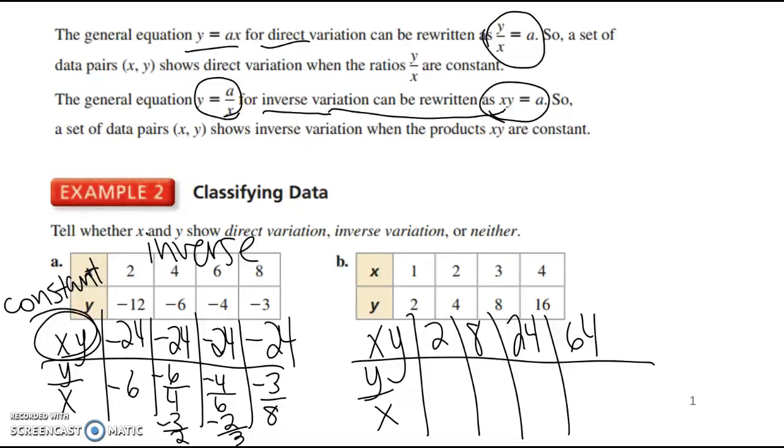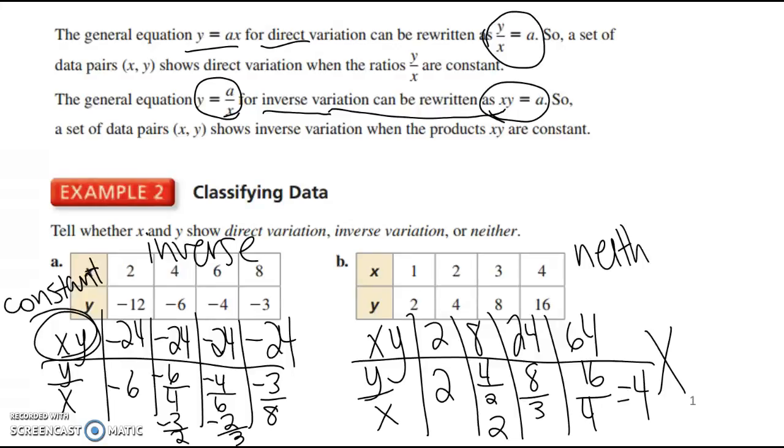And then if we divide, 2 divided by 1 is 2, 4 over 2 is just 2, 8 over 3 is a decimal, and 16 over 4 is 4. So this one is neither. Neither of these work out, so it's going to be neither.